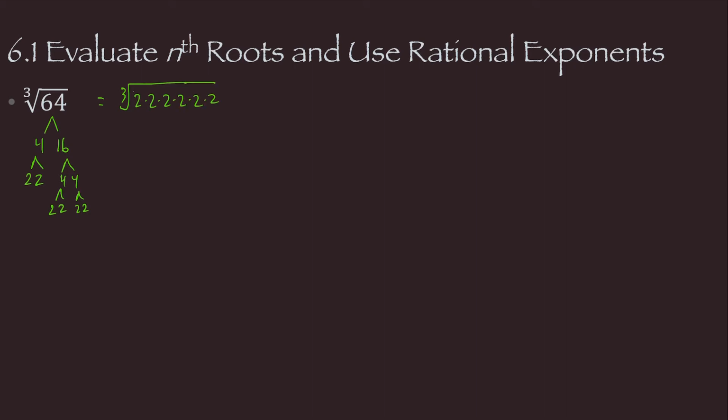All right, my index is 3, so I'm going to put these into groups of 3. Each group we can bring out once, so this would be 2 times, and then the other group is also a 2. So the cube root of 64 is 4.